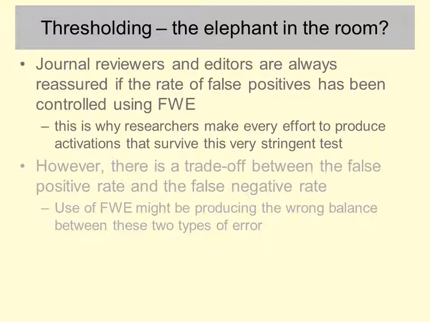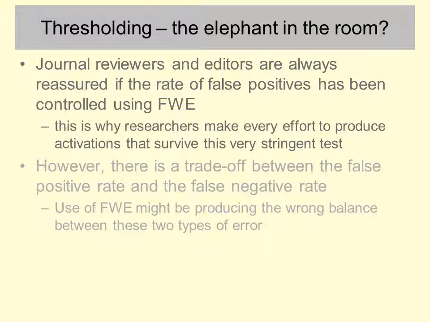Sometimes thresholding practices can perhaps be negative for the overall progress of science. Journal reviewers and editors are always reassured if the rate of false positives has been controlled using strict family-wise error control of the Bonferroni type to deal with the multiple comparisons problem.